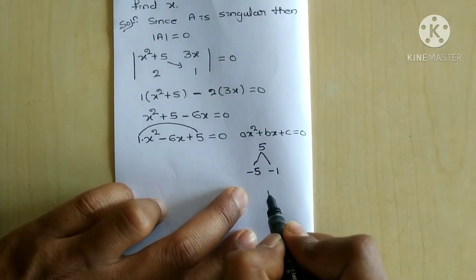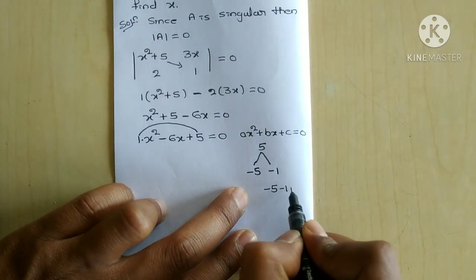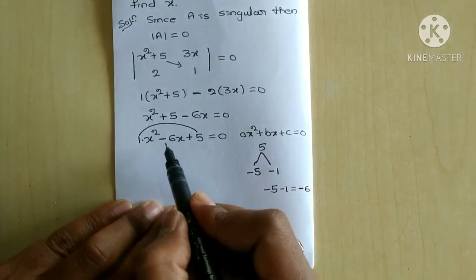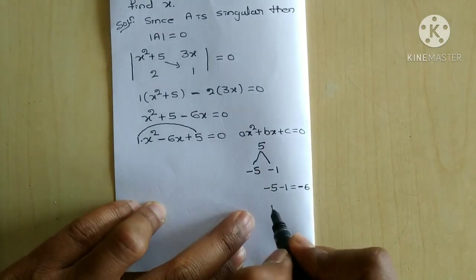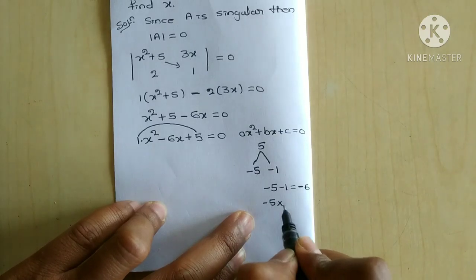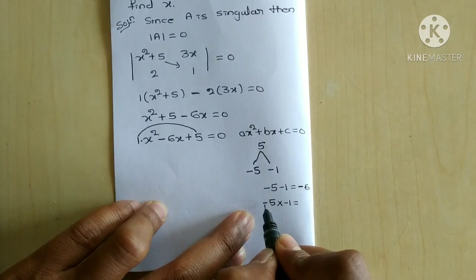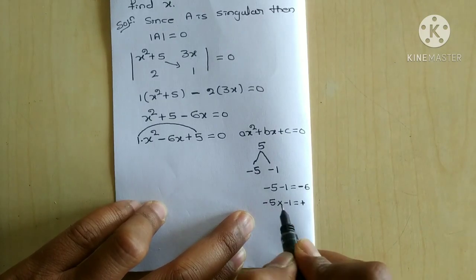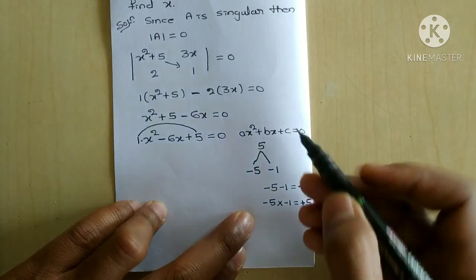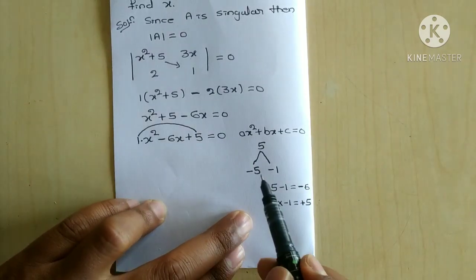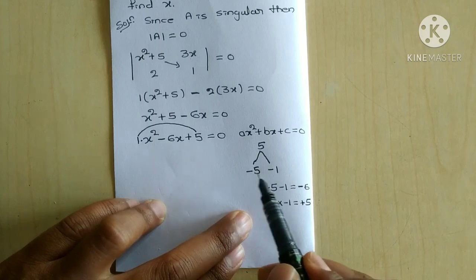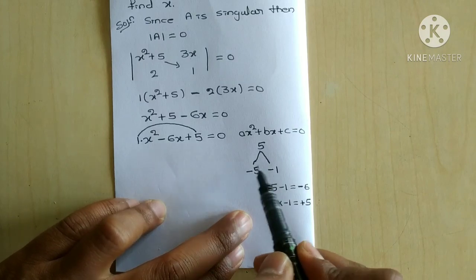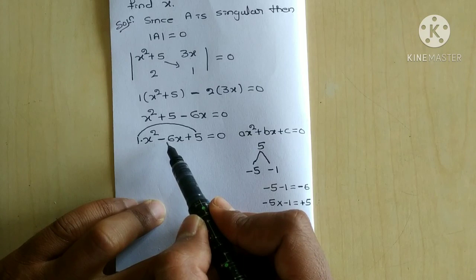So see here, minus 5 minus 1 is minus 6, giving that middle term minus 6. Next, if you multiply minus 5 into minus 1, minus into minus is plus, 5 into 1 is 5. This is the 5. So how to split this? If you add these two values, you should get the middle term.